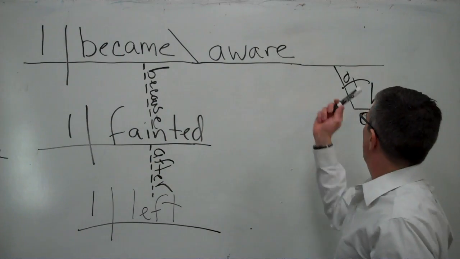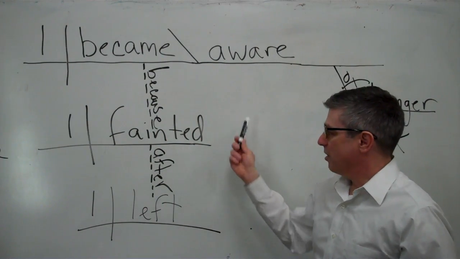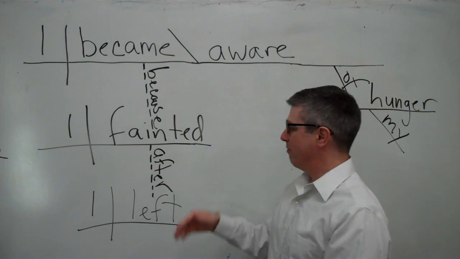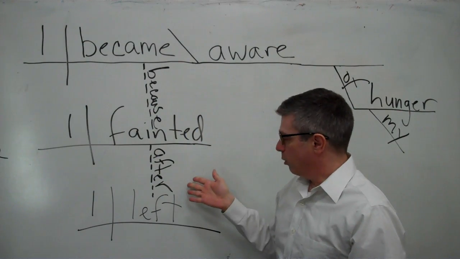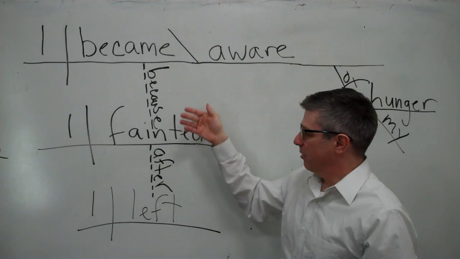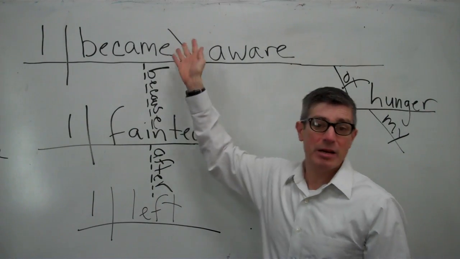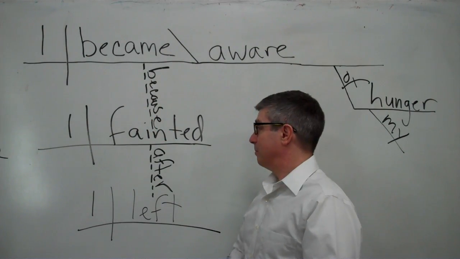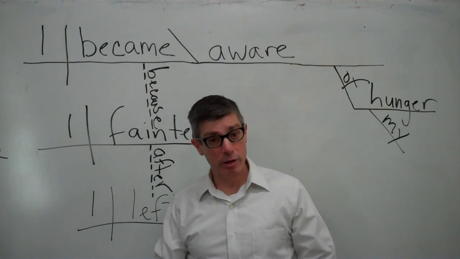So, I became aware of my hunger because I fainted after I left. We have a subordinate clause modifying fainted, and a subordinate clause here modifying became. And that's how you diagram subordinate clauses.